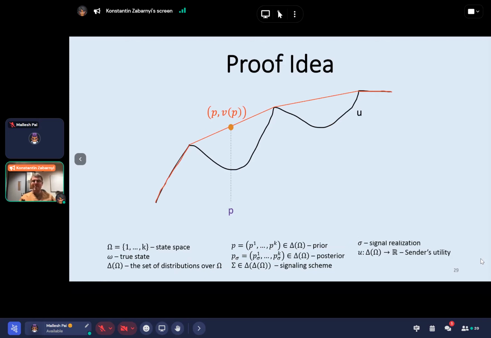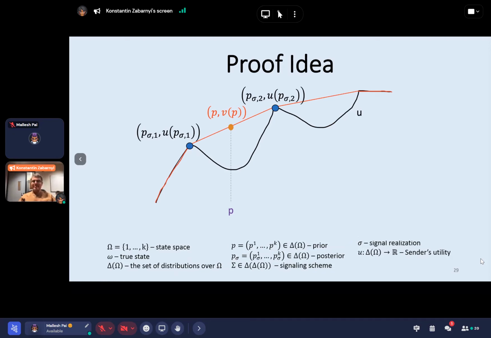So we know from the splitting lemma that the freedom that the sender has is to split the prior into some posteriors, provided that the expectation of the posterior remains the prior.